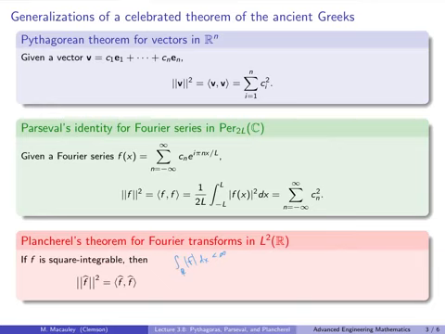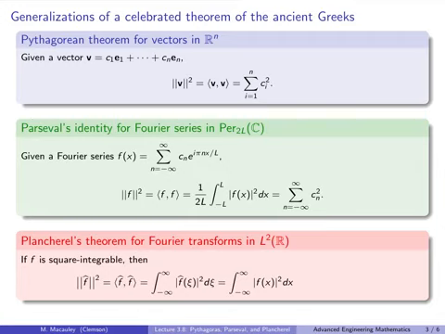Then the norm of the Fourier transform of f squared, which by definition is the inner product of f hat with f hat, we also have a definition of that in terms of an integral. That's just the integral over the real line of |f hat(ξ)|² dξ. And when I say squared, I mean norm squared, because it could be complex valued.